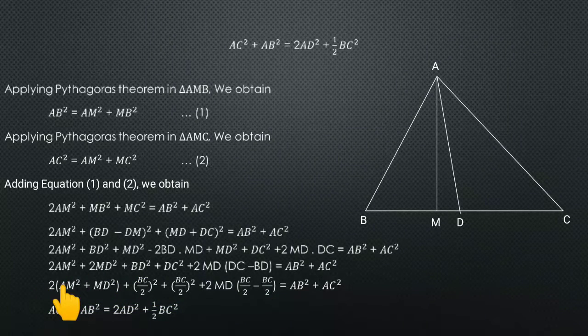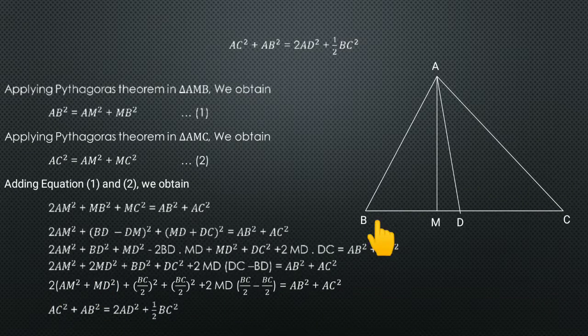Now AM square plus MD square: by Pythagoras theorem we can write AD square. Therefore, here 2 times AD square plus BC square upon 4 plus BC square upon 4.